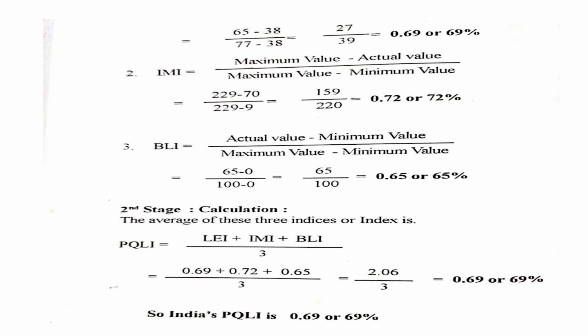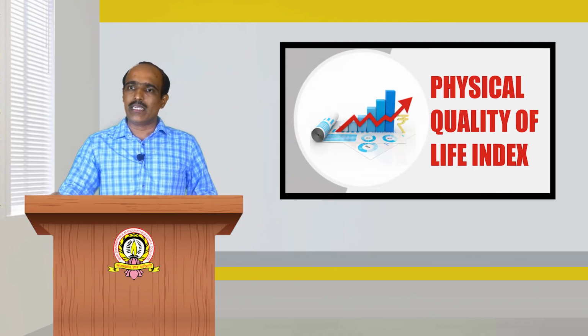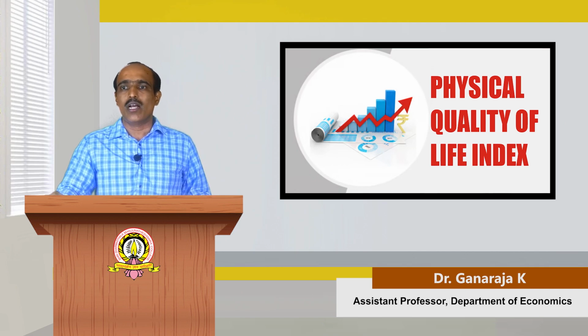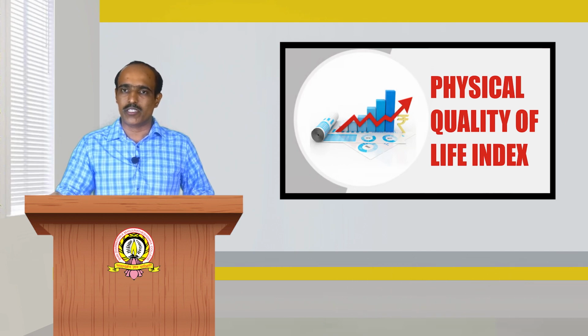If the value ranges between 0.79 and 0.5, then it is considered a medium physical quality of life, and if the value is less than 0.5 or 0.49, then it will be considered a very poor physical quality of life. So, this is all about the meaning, calculation and measurement of PQLI, and how a particular country's values are taken into consideration for the calculation of PQLI. Thank you very much.